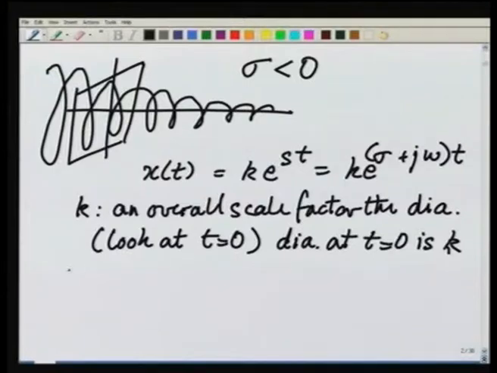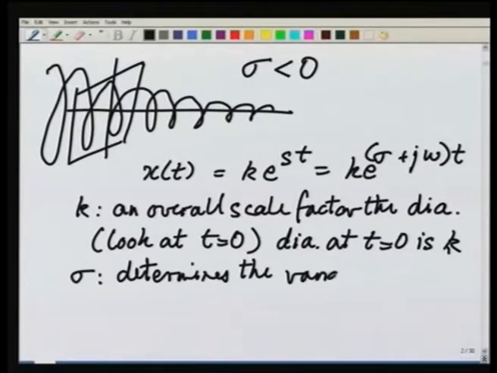Now, coming to sigma. It determines the variation of the diameter with time.